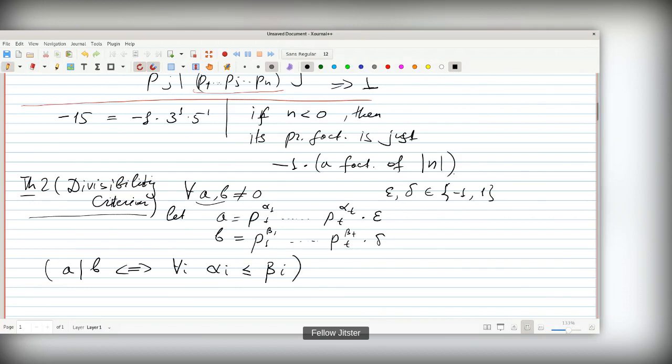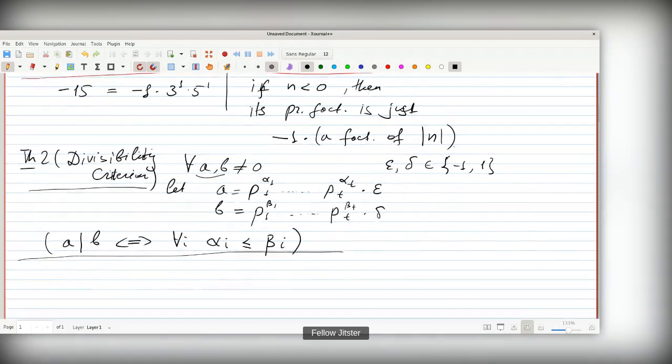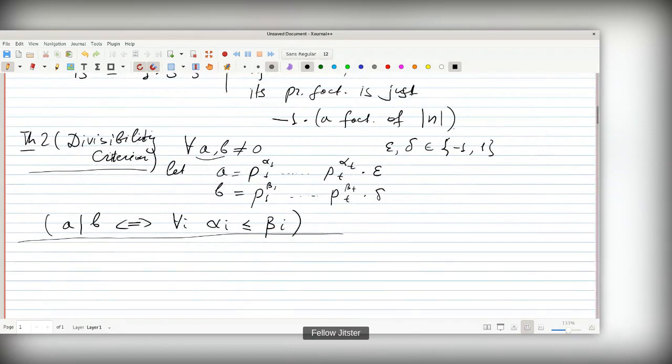So for each i, alpha i is less or equal than beta i. What does it mean? That means that in order to compare two integers in terms of divisibility, it suffices to compare the exponents of each prime in their factorizations.